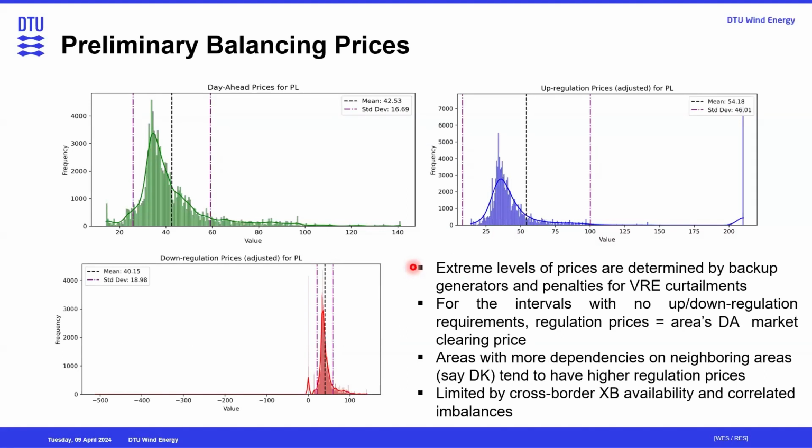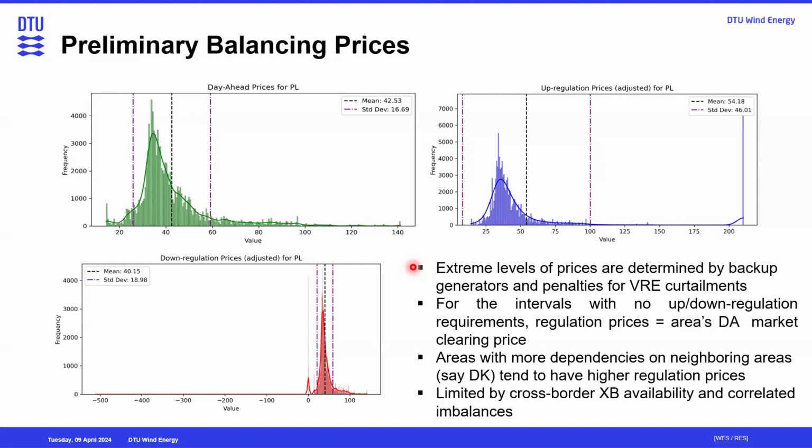When we look at the balancing prices, we see that day ahead prices had a standard deviation of around 16 and a mean of 42. But there were some hours when it was going to 140 euro per megawatt hour.